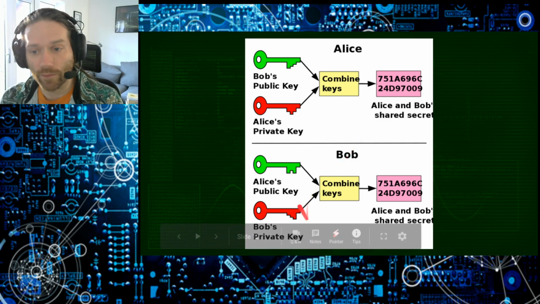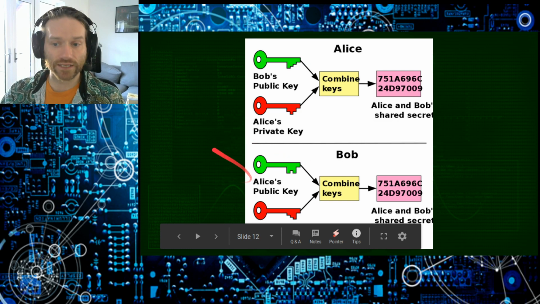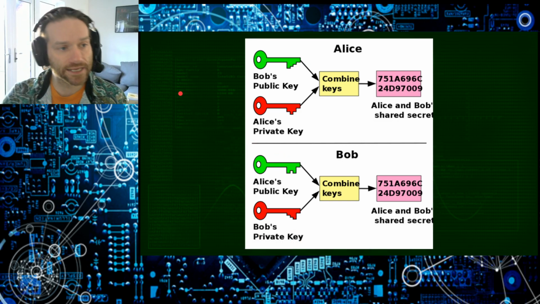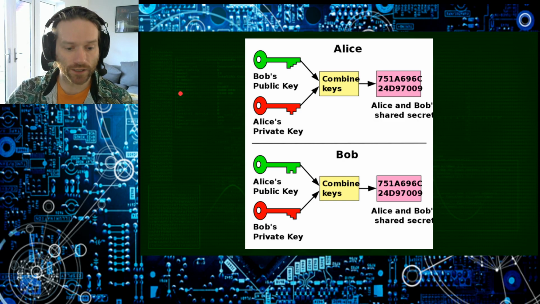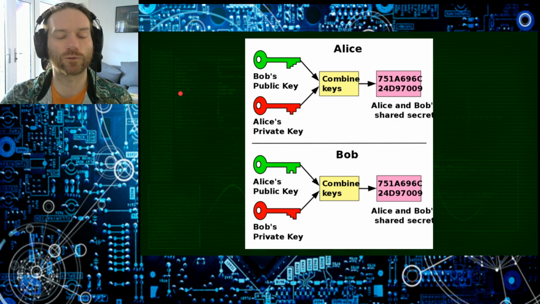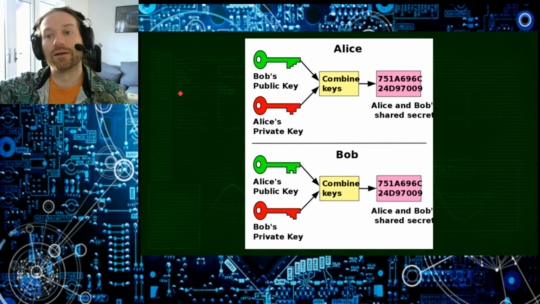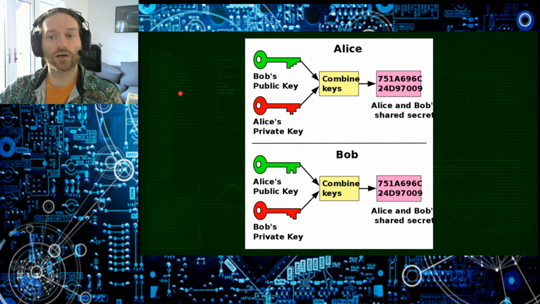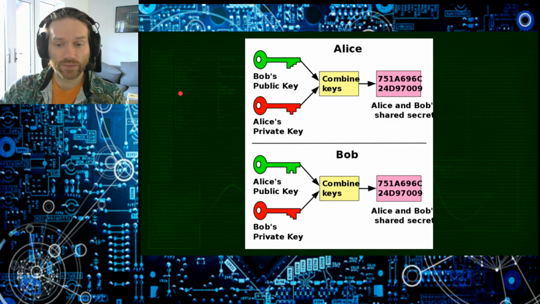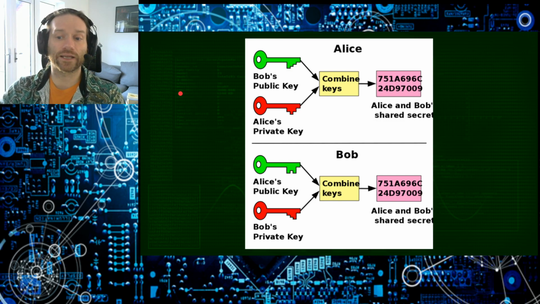Then when Bob receives the message, he uses a combination of Alice's public key and his private key to decrypt it. Likewise, in the Charlie situation, if we had this ménage à trois, Alice encrypts using her private key, Bob's public key, and Charlie's public key. If Charlie receives it, he needs his private key, Alice's public key, and Bob's public key as well.